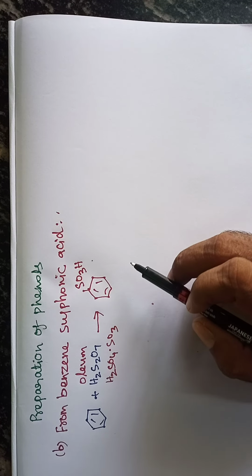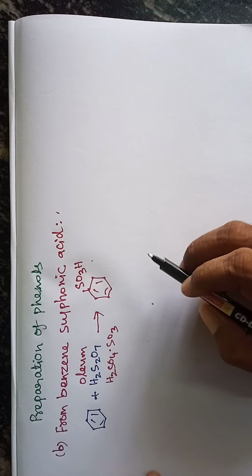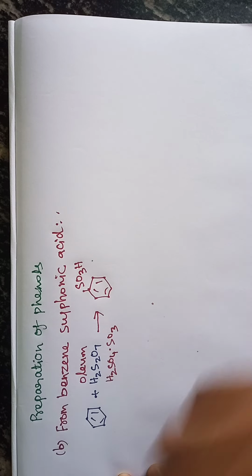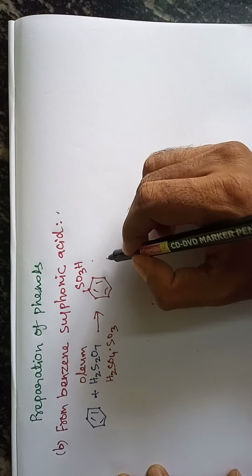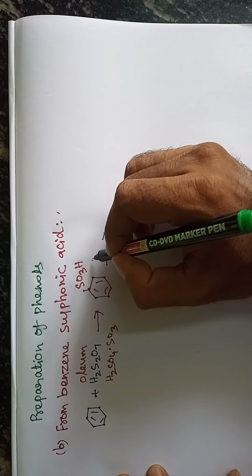This benzene sulfonic acid is treated with molten sodium hydroxide at 623 Kelvin temperature.